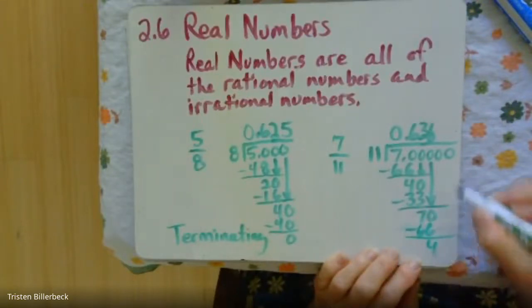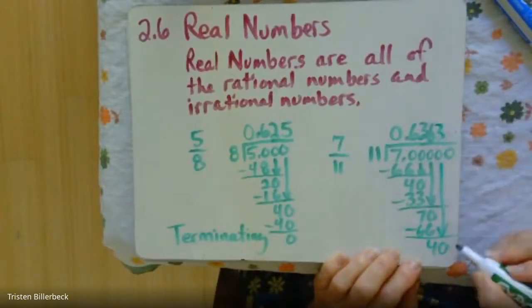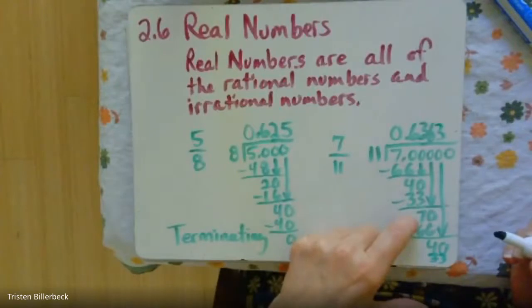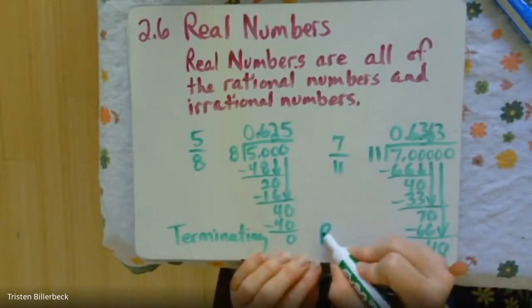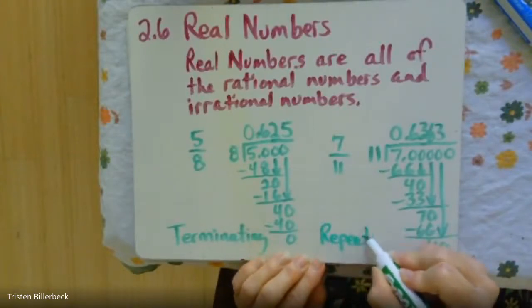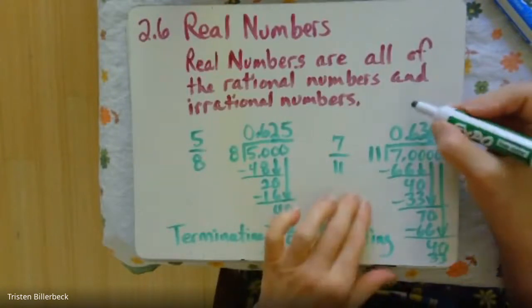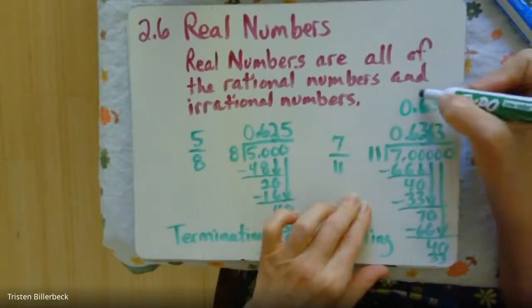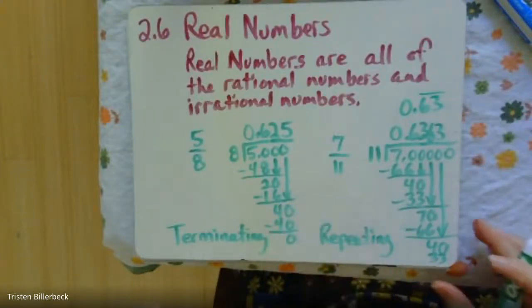We subtract, and we drop another 0 down, and 40. And we see, it's just going to keep repeating. Once we've repeated 70 and 70, we kind of knew it was going to repeat again. But now we have 33, 33 as well. So this is called a repeating decimal. We can write this one as 0.63, and then it's just 6363. So we put a bar like that. And that's how we would write this repeating decimal.